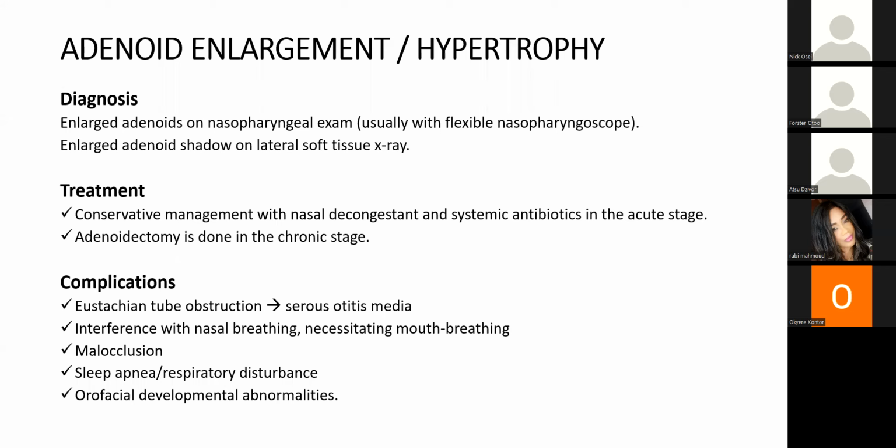And then we also appreciated some of the investigations, such as nasopharyngeal exams, and then we can go that extra mile and do a soft tissue x-ray of the neck, where we get to appreciate an enlarged adenoid shadow. So the treatment, basically, we deal with the inflammation and the offending agents. For inflammation, we can do a steroid, we can do some analgesic.